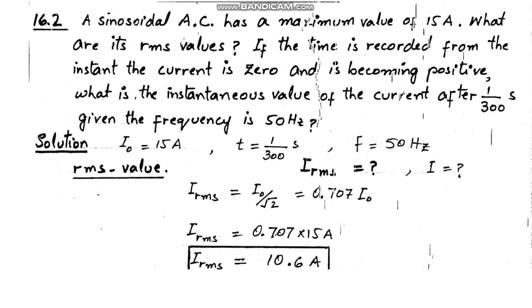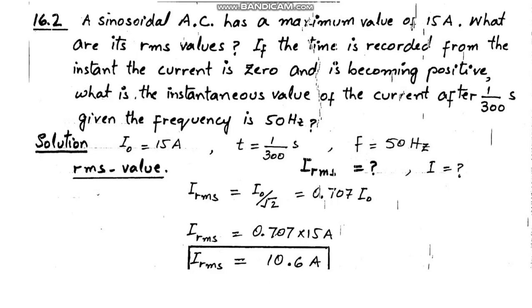In the second numerical statement, a sinusoidal AC has a maximum value of 15 ampere. What is its RMS value if the time is recorded from the instant the current is 0, becoming positive?